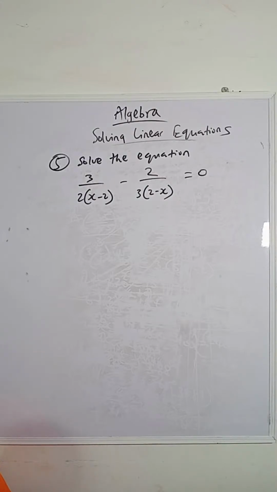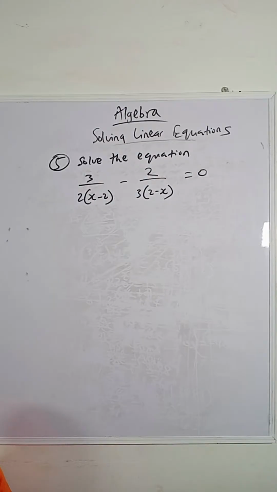Sammy said the equation has no solution. Oh, really? The equation has no solution because if x is 2, it will be 0 in the denominator. Is that what you're saying? Okay, I think I get your point.